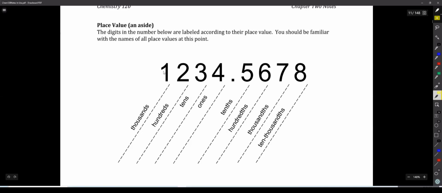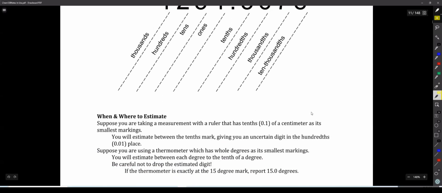So the 1 is in the thousands place, this 2 is in the hundreds place, etc. Make sure you don't confuse hundredths place, which is the 6, with hundreds place, which is the 2. I'll use these words a lot in this class: 10,000ths place, thousands place, tenths place. We're going to need this to understand these digits as we move on further.